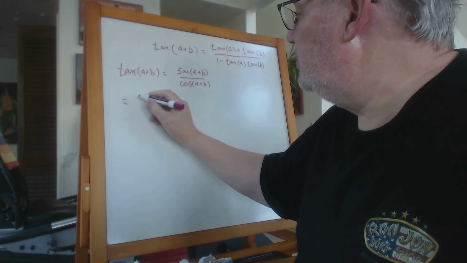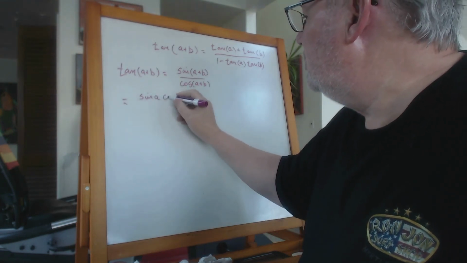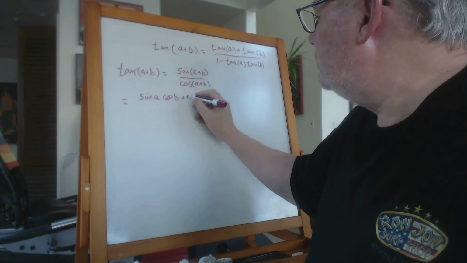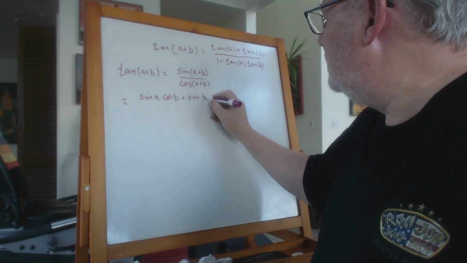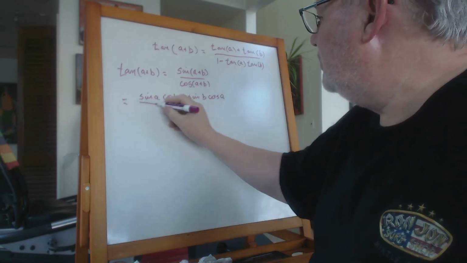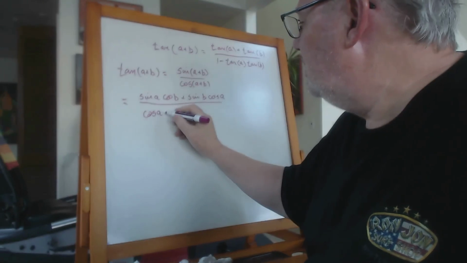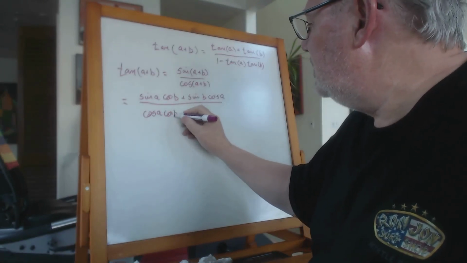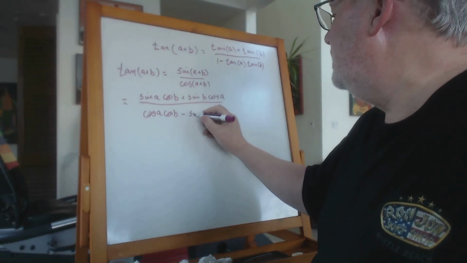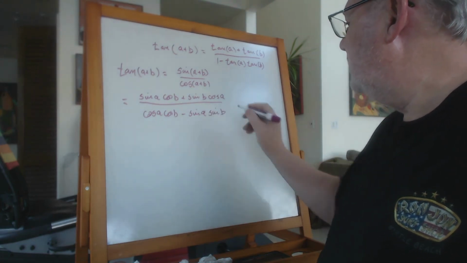So that's equal to sine A cos B plus sine B cos A over cos A cos B minus sine A sine B.